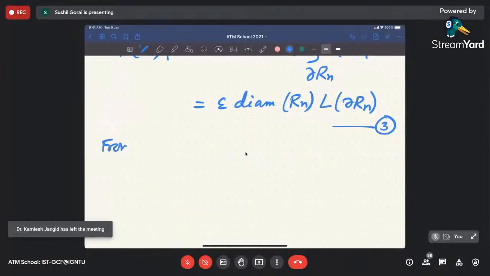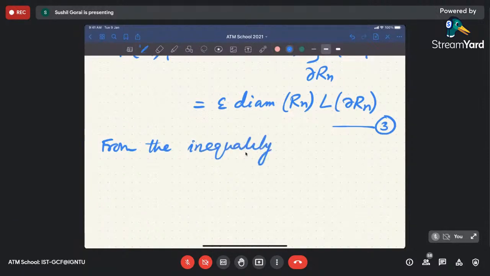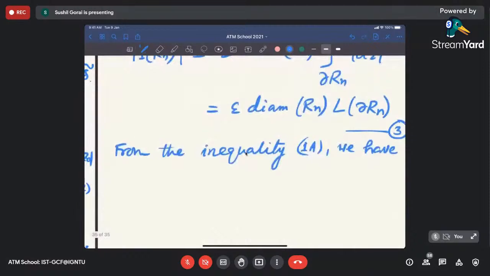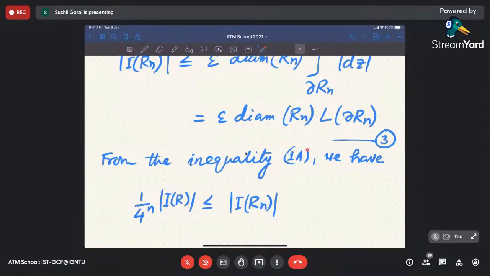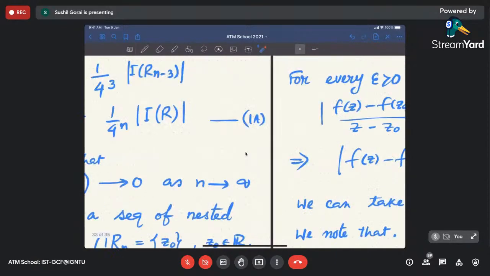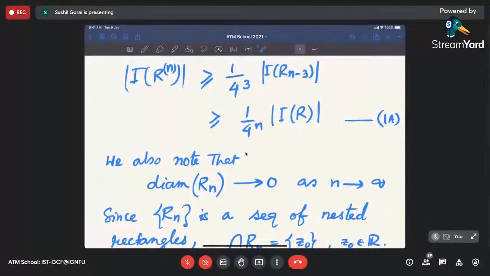From the inequality 1a, we have, see, 1 over 4 to the power n times mod I, which was less than or equal to mod I Rn. This was the inequality 1a. So let us check. Yeah, here it is. See.